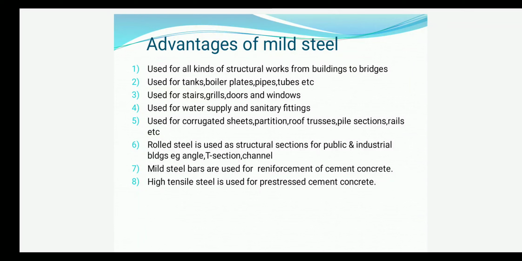Not only this, rusting and corrosion are some of the disadvantages of steel, but they can be prevented by coating with paint, galvanizing, electroplating and so on. It is costlier. The transportation of heavy sections leads to the higher cost of this material.